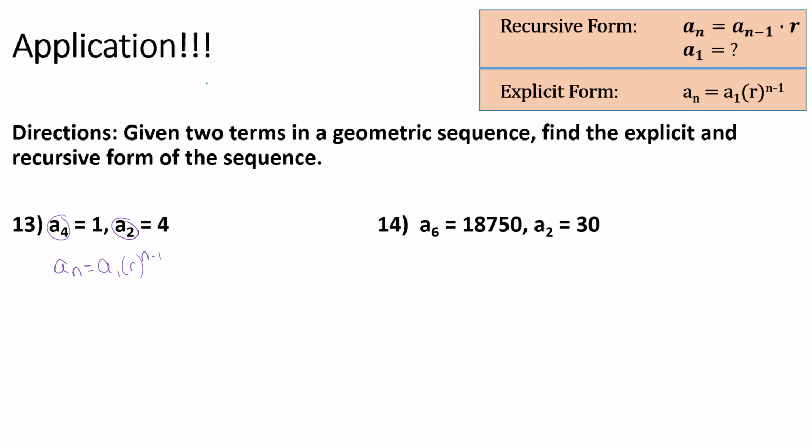Now, one of the things that's important for us to capture here is, say I gave you the 54th term. If I plug a 54 in for n, we are subtracting 54 minus 1, and that tells me that there are 53 values between my first term and my 54th term.